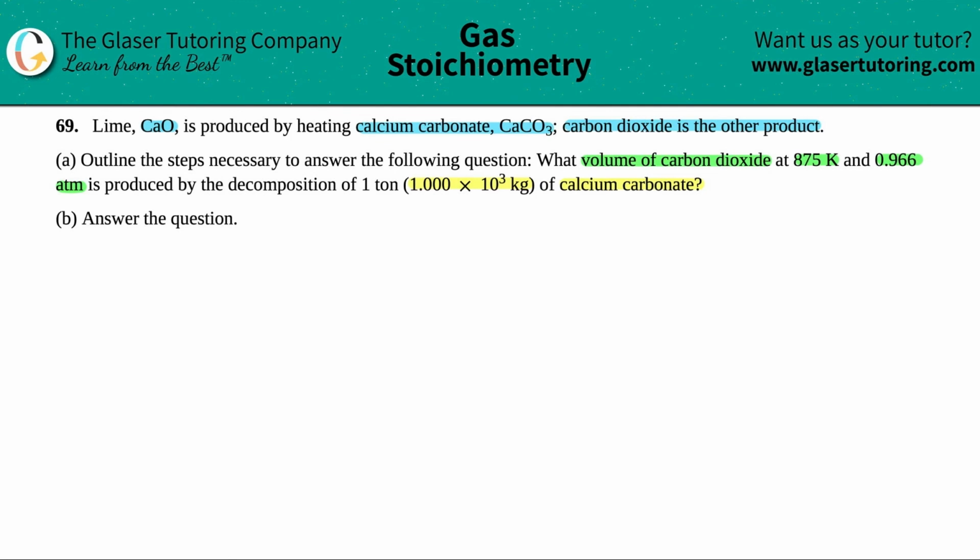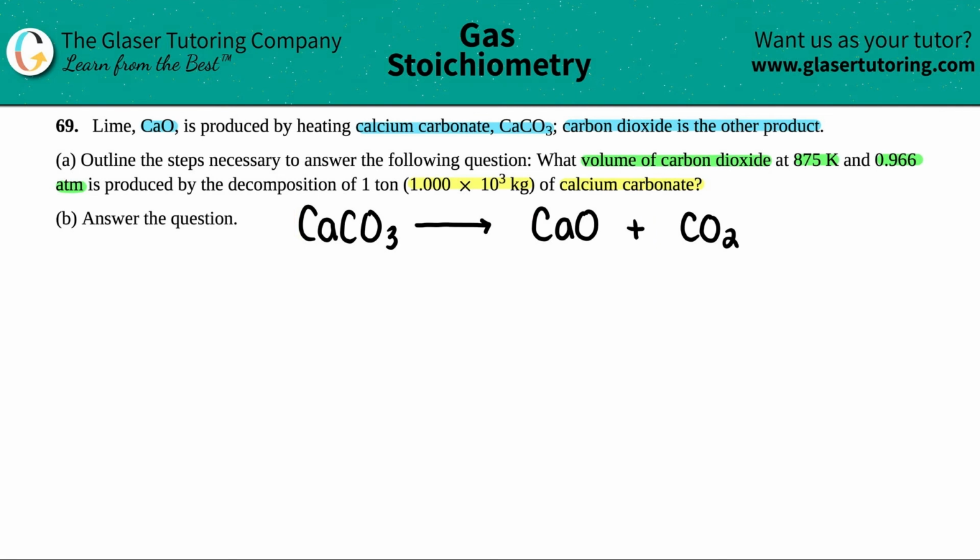So I have CaCO3, and this is getting broken down into the lime, which is CaO, plus carbon dioxide, that's the other product, CO2. Now remember, just writing the formula is not enough. We just have to make sure that it's balanced. So I'm looking at it right now, and it does seem balanced. So there's ones all along for my coefficients.